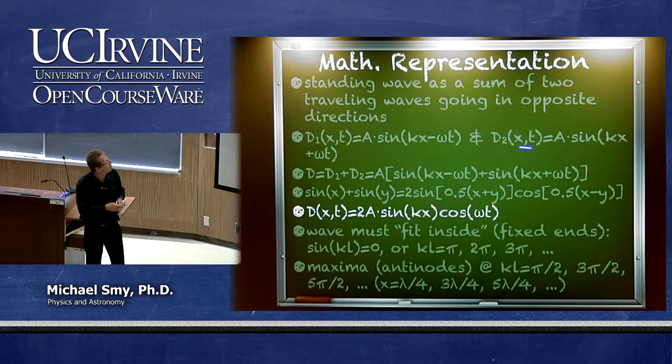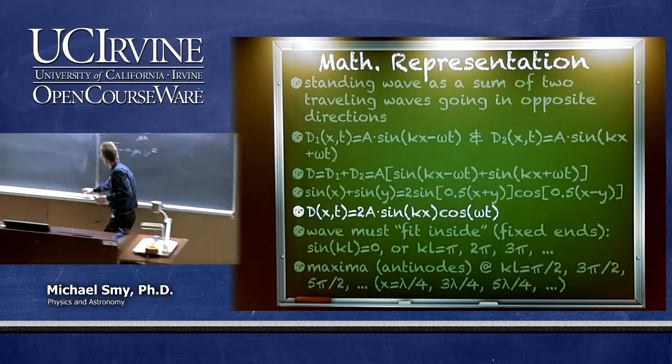If we use that on the sum of those two waves, we get twice the amplitude. And then the sum of those two terms inside the sine function divided by 2 is simply kx. So it's sine kx. And the difference of those two arguments is just omega t.